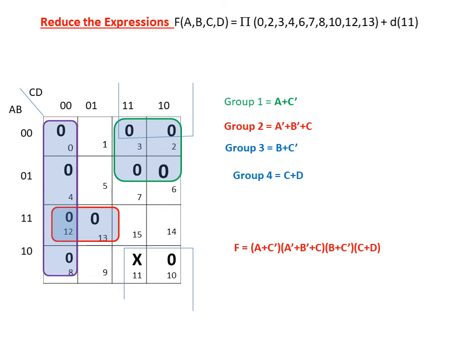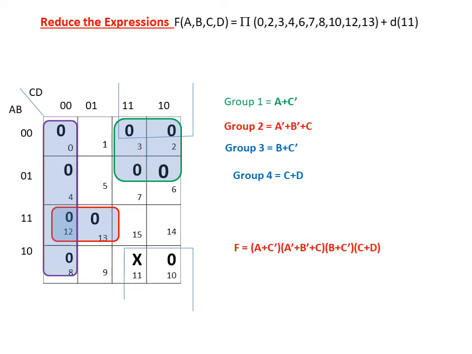For this question, same, the don't care is 11. Now we are grouping this way: these 4 zeros into one group and these 2 zeros into another. Now this 0, with the help of the don't care, we make into a 4-cell grouping. These 3, 2 and 11, 10 make another 4-cell grouping.